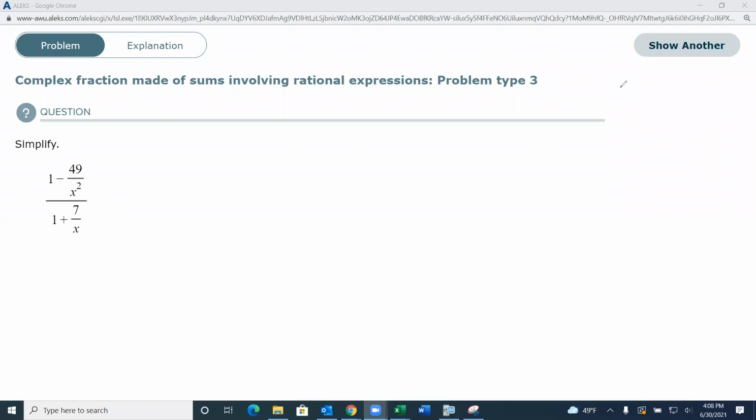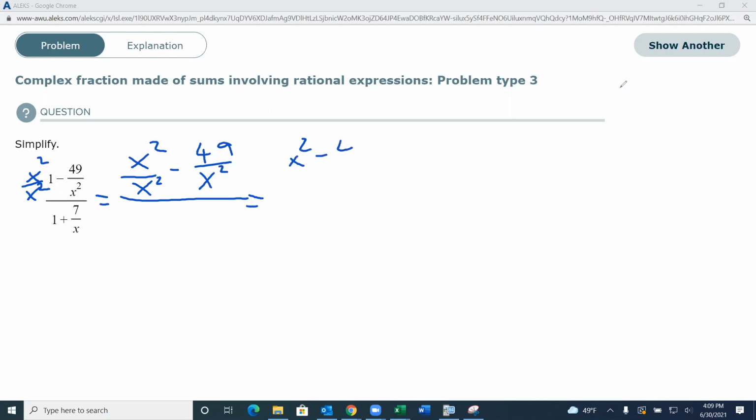Okay, same idea here. We need common denominator. We need to make that a single fraction and that a single fraction. So multiply the 1 by x squared over x squared. So I end up with 1x squared over x squared minus 49 over x squared, which becomes x squared minus 49 over x squared.